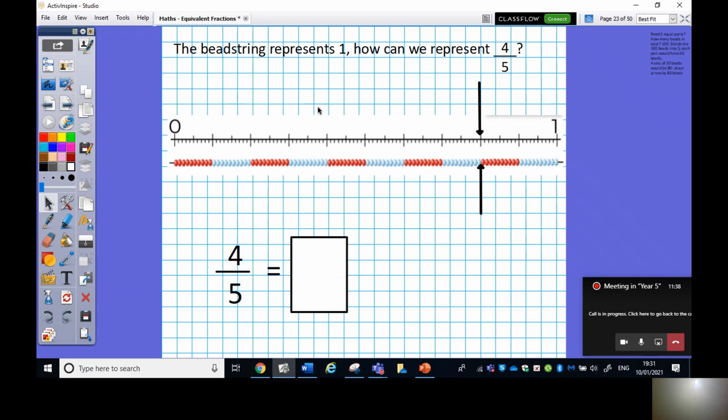Okay, so let's take a look. The denominator tells us how many equal parts there are. So I have 100 beads and I need 5 equal parts. So if I divide 100 by 5, I know that there would be 20 beads in 1/5.